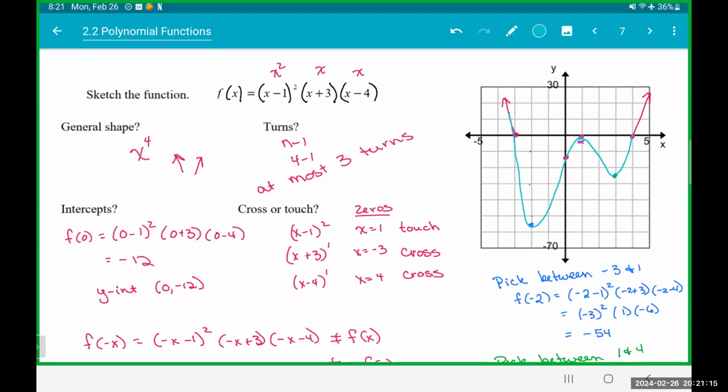That is the rough shape of that graph, strictly by doing all of these things we've learned the techniques for, rather than plotting every number from negative 5 to 5. Okay? Question.